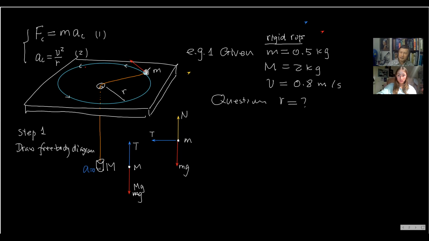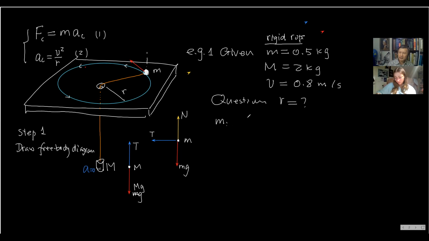And because this object is moving on the table, we can argue that in the vertical direction, the acceleration is 0. So can we build the equation? From M1, we can build two equations.